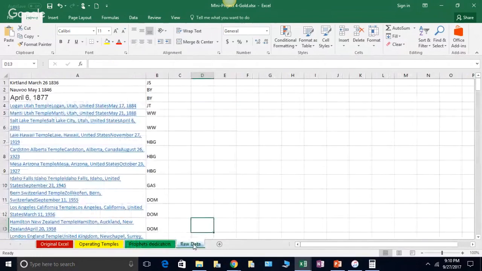The raw data I actually exported from LDS.org, and I also found the sites for this. I took the advice from the actual review on it, how to do this project, and I went to LDS.org and just downloaded all this stuff, and I went ahead and sorted it by doing initials for the actual profits, and this is how I was able to organize it.